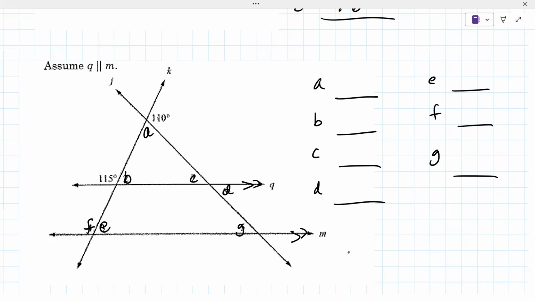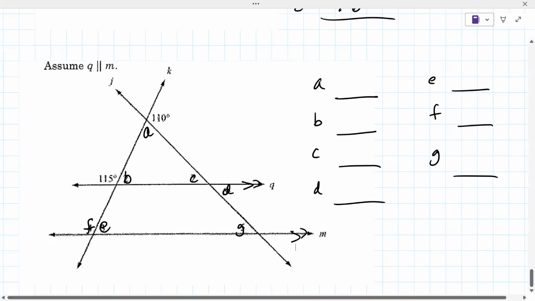Hmm. Okay, I think I got it. We might have to work through one or two of them, but to start, A, B, and C. What's A? I got 110, 35, and 35. A and 110 make a linear pair. Oh, so that wouldn't even make sense. No, this is a linear pair up here, so they add up to 180.